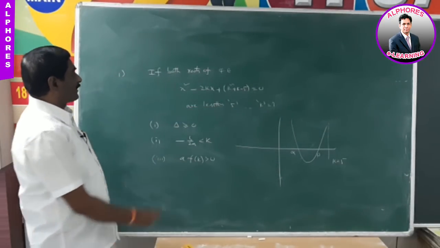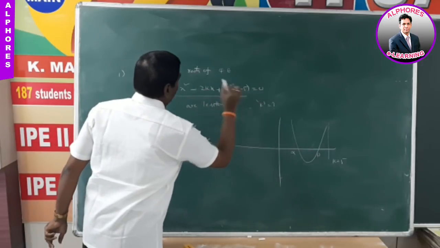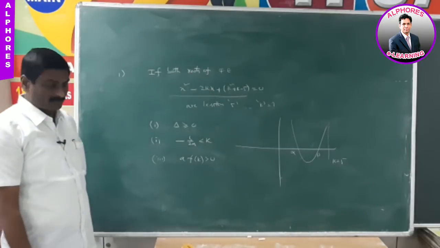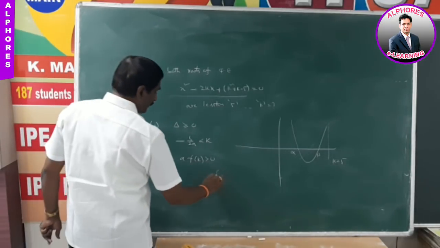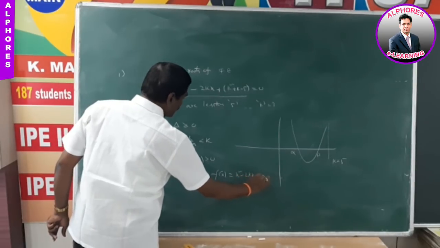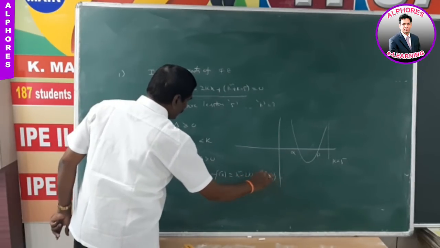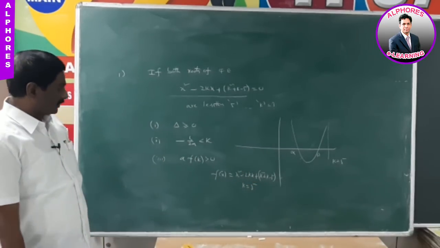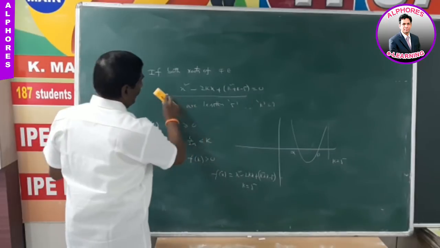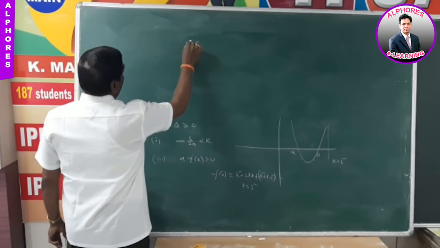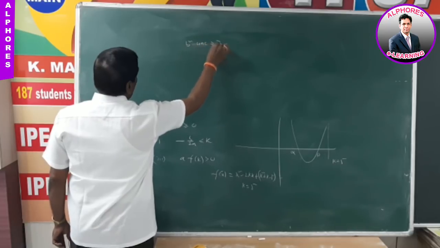In this problem, f of x is x square minus 2kx plus k square plus k minus 5. That is f of x. And k is equal to value 5. First, delta greater than or equal to 0 means b square minus 4ac greater than or equal to 0.